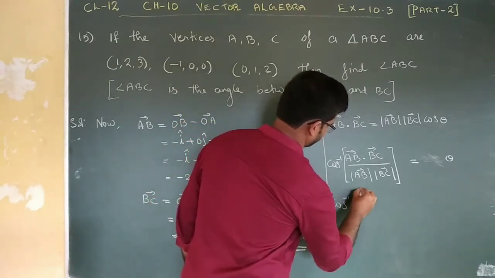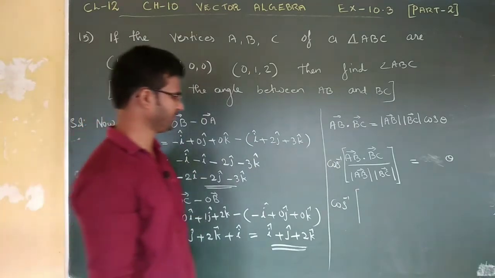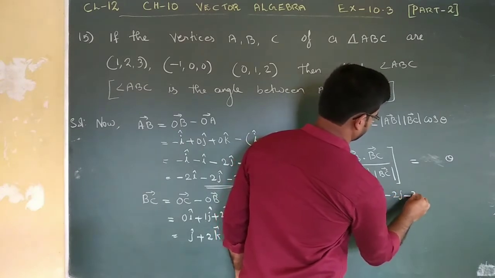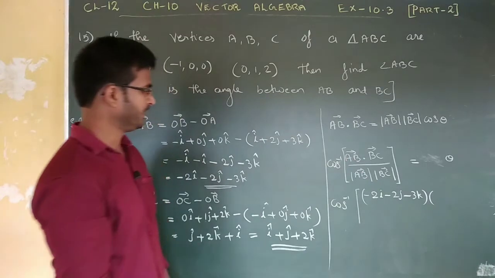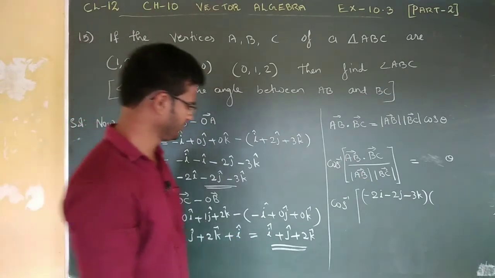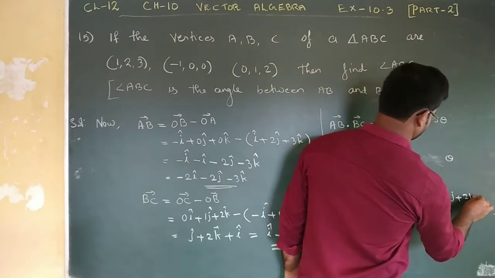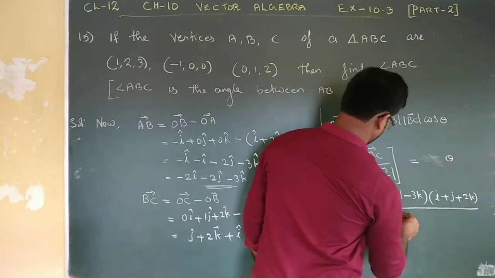Cos inverse, AB vector. AB vector is minus 2i minus 2j minus 3k. Next, BC vector i plus j plus 2k. Divided by magnitude of AB vector.